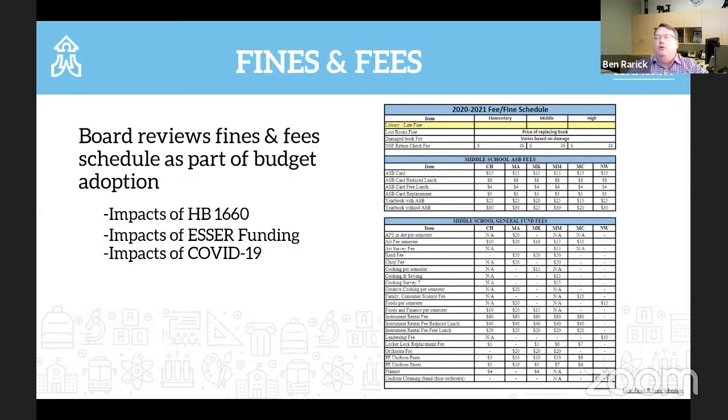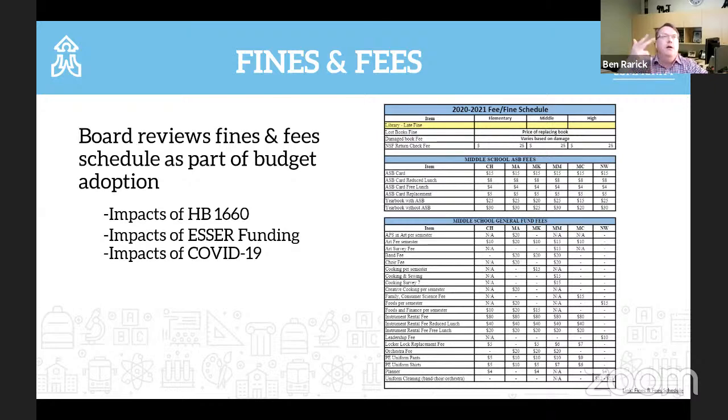And so, to take your comment one step further, we have talked about fundamentally overhauling the entire structure of what we are allowed to do for fines and fees, particularly given the additional funding that we have via ESSER.